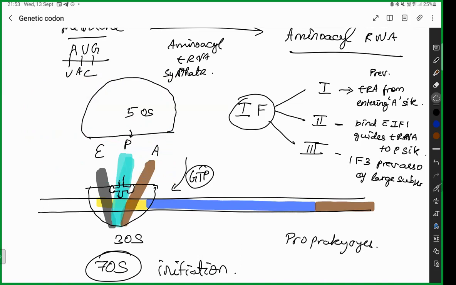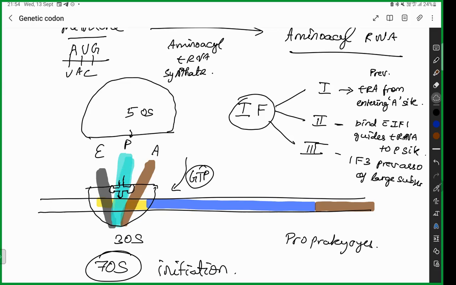First you have this 30S smaller subunit. You don't have tRNA also; first just erase the tRNA in your mind. Now you have a separate ribosomal smaller subunit alone. This smaller subunit consists of three important structures, three important finger-like projections, or three important sites.